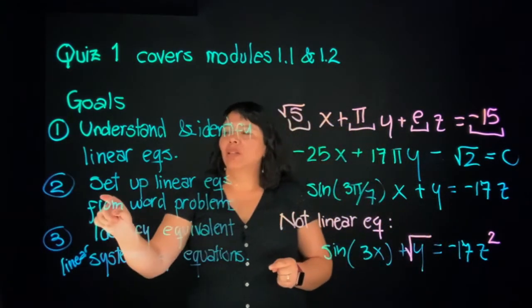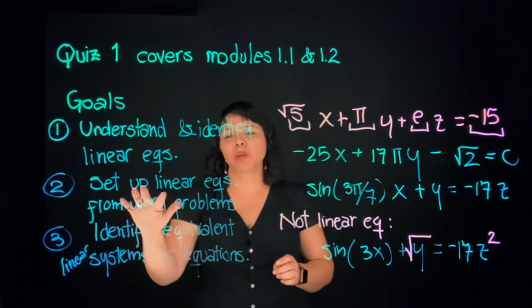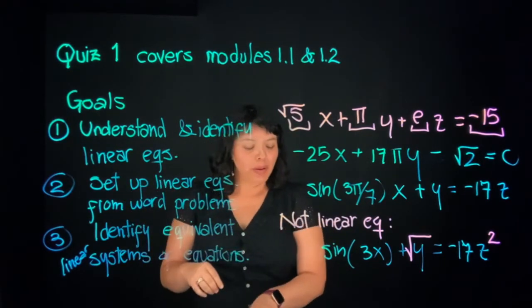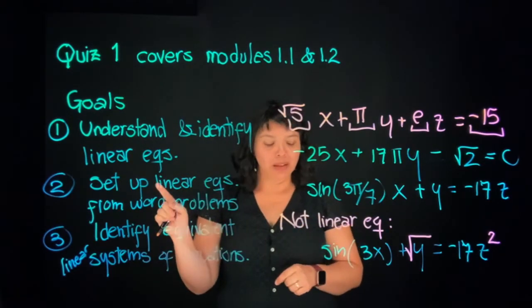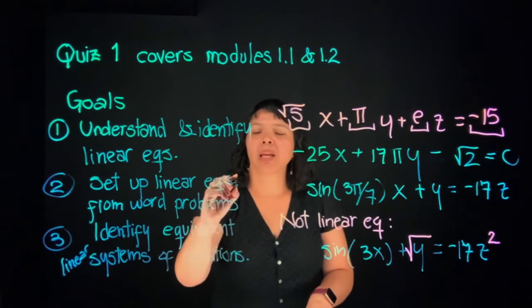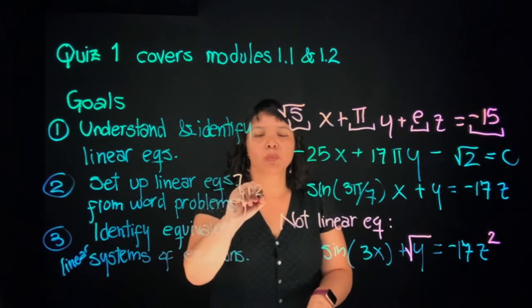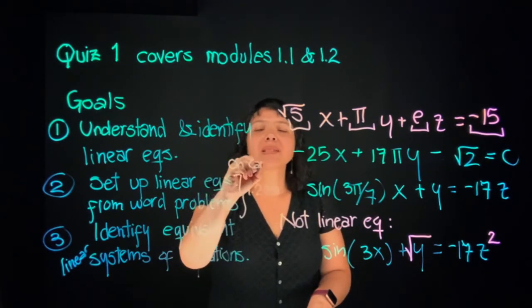Let's just discuss a little bit about setting up linear equations from word problems. You have great examples in your textbook, but also I have posted at least one video for the problem 1.2.2a. This is on Canvas, so you can watch that one.